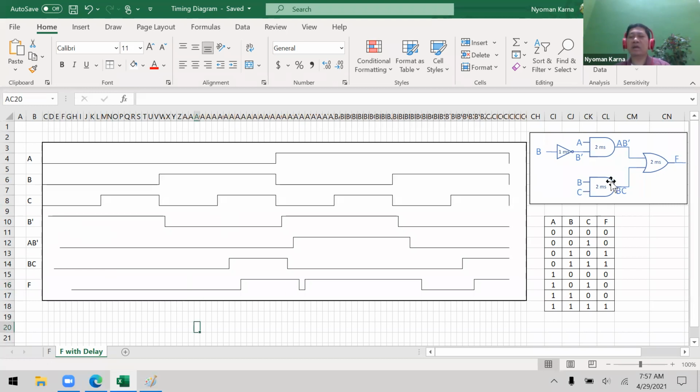Okay, that's why any logic circuit has a working frequency. Usually they only have a maximum frequency. We cannot work beyond this frequency. For example, I only work under 100 megahertz. So if we supply a 1 gigahertz frequency, then the delay will become enormous, and the circuit will behave incorrectly.